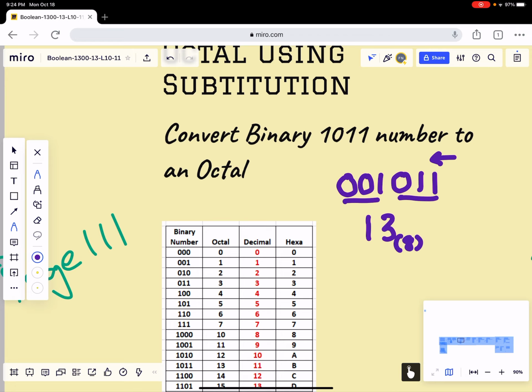This is very straightforward. When you convert from binary to octal, make sure that you form groups of 3 digits from right to left. If you don't have enough digits, add 0, and then you convert to octal.